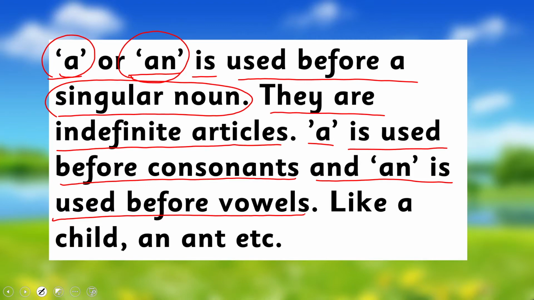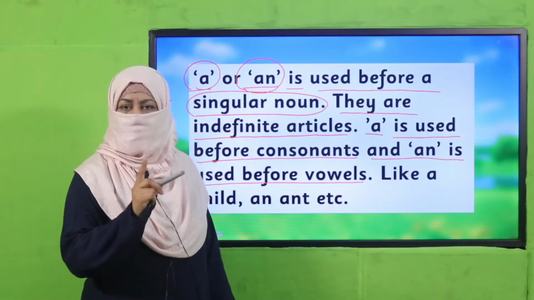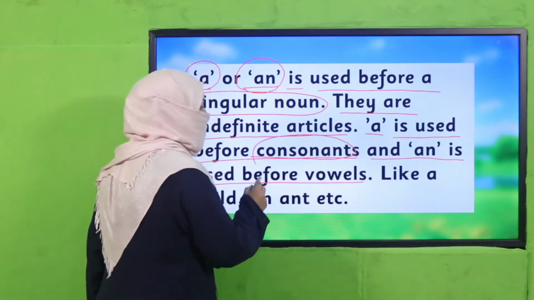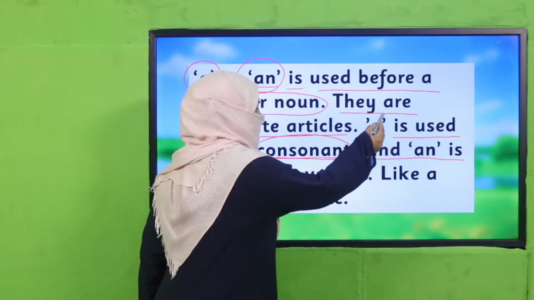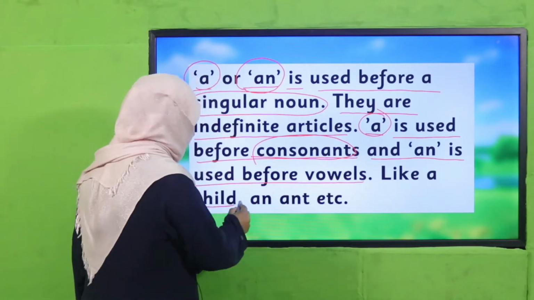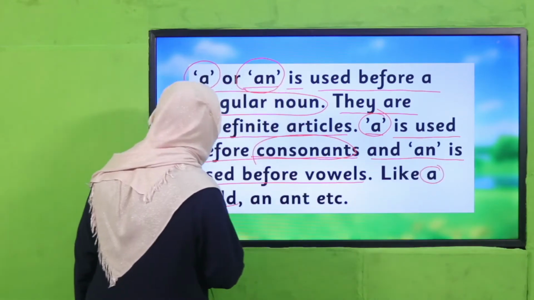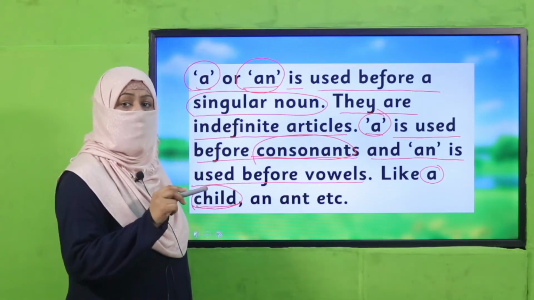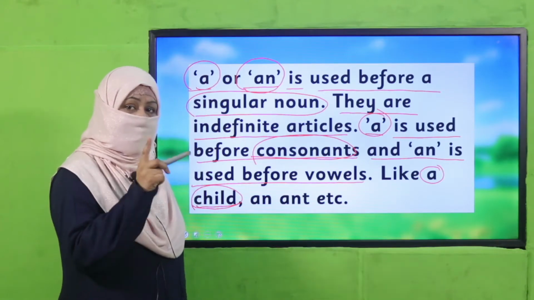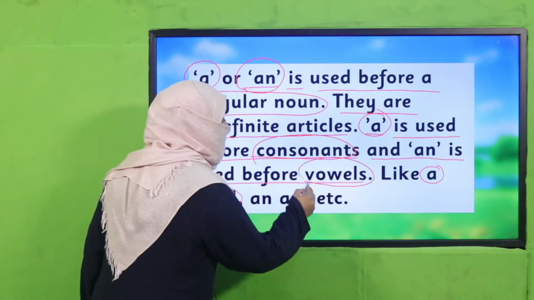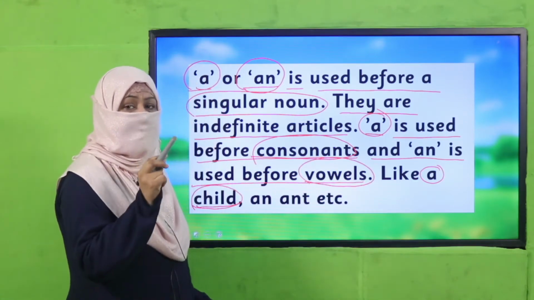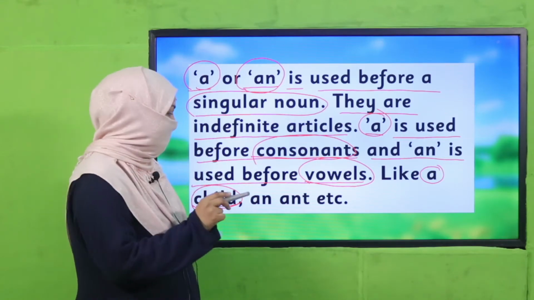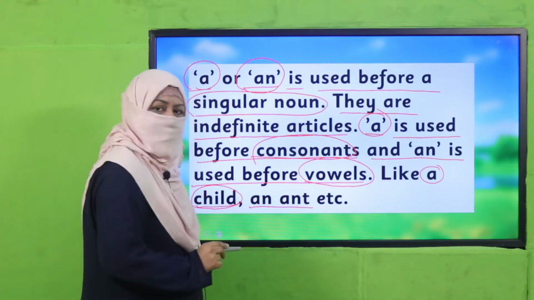What does it mean? When you are using this article before a noun and the noun starts with a consonant sound, you will use a, like a child, right? And if that noun is starting with a vowel sound, every time I tell you, vowel means vowel sound, because we have learned about different situations where vowel sounds are there, okay? So, an ant, right?